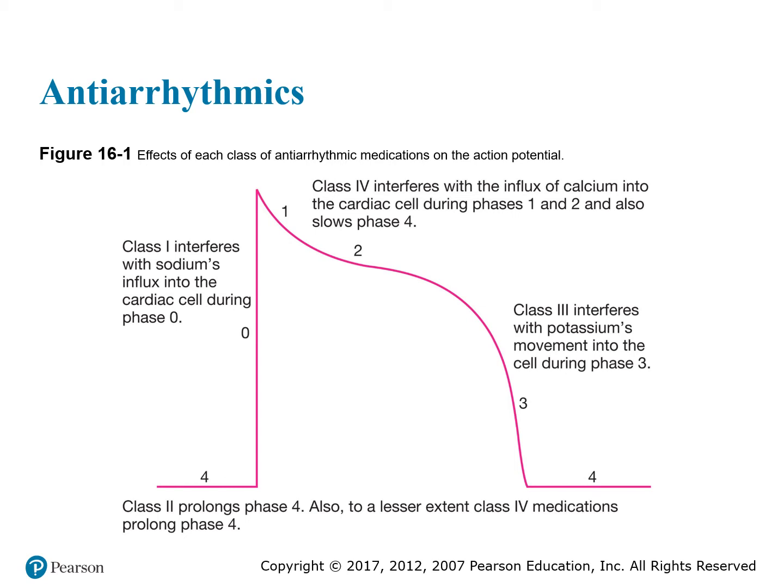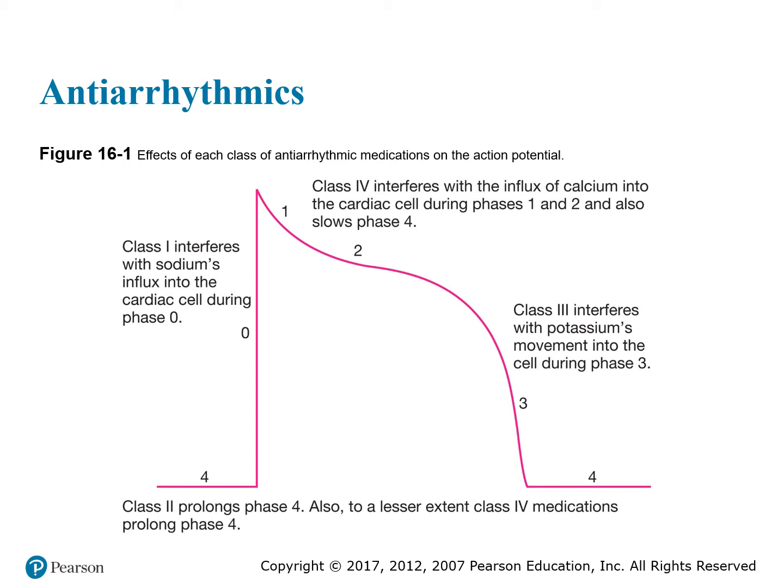You know the phases of the action potential: 4, 0, 1, 2, 3. This chart is just showing us where the medications correspond to the action potential and the QRS complex.